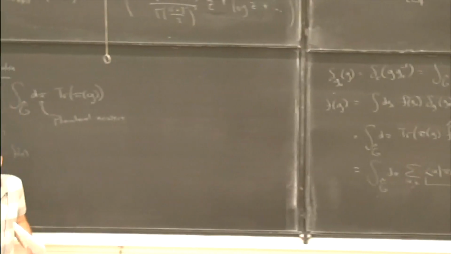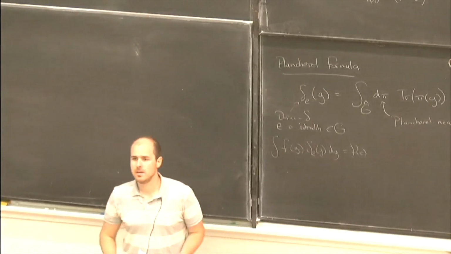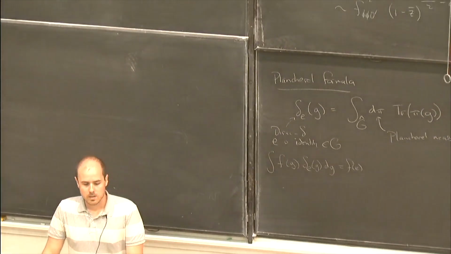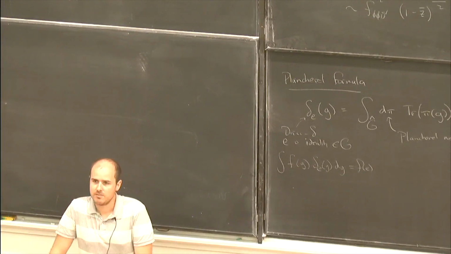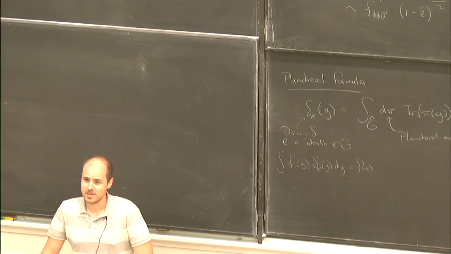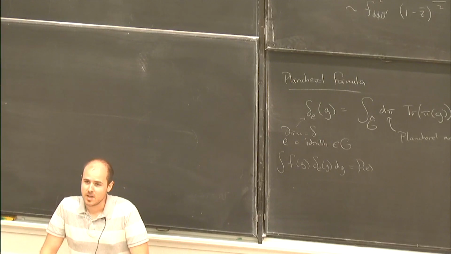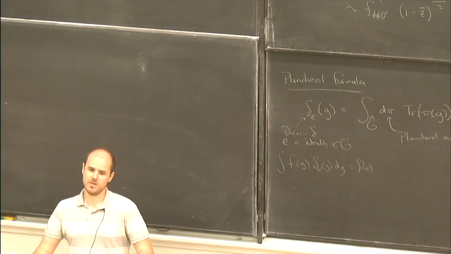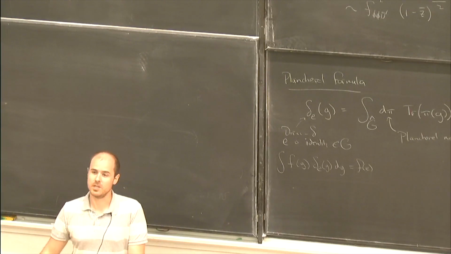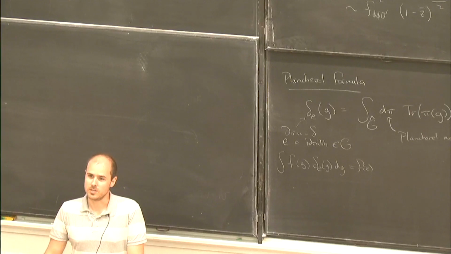Can you motivate why such a formula should exist? Well, yeah, so I'm not sure this is going to be a good motivation, but the space of functions on the group is a representation of the group. It has both a left and a right action, and therefore you can try to decompose it into irreducible representations.